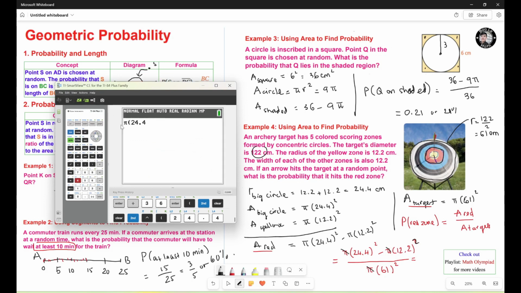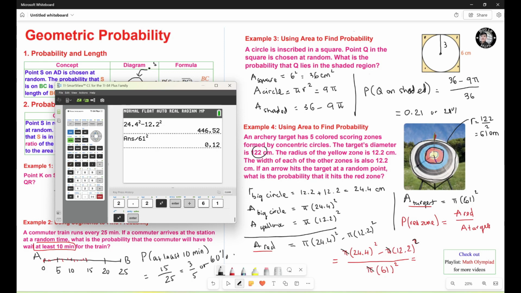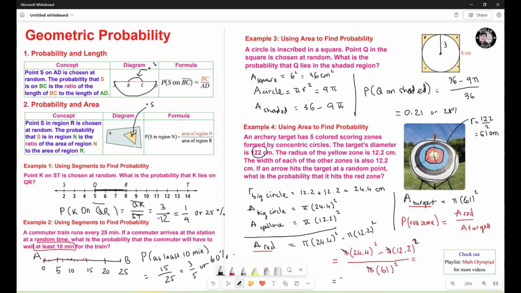Alright, so I have 24.4 squared minus 12.2 squared, divided by 61 squared, and it's going to be 0.12, or 12%. It's a good time to stop.